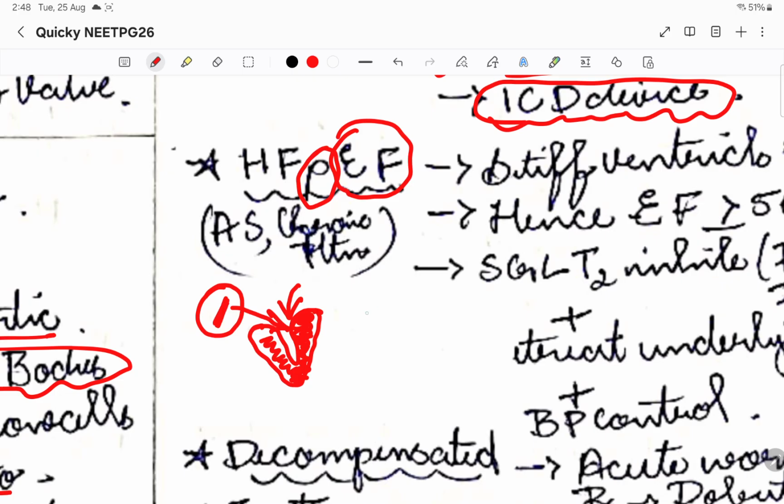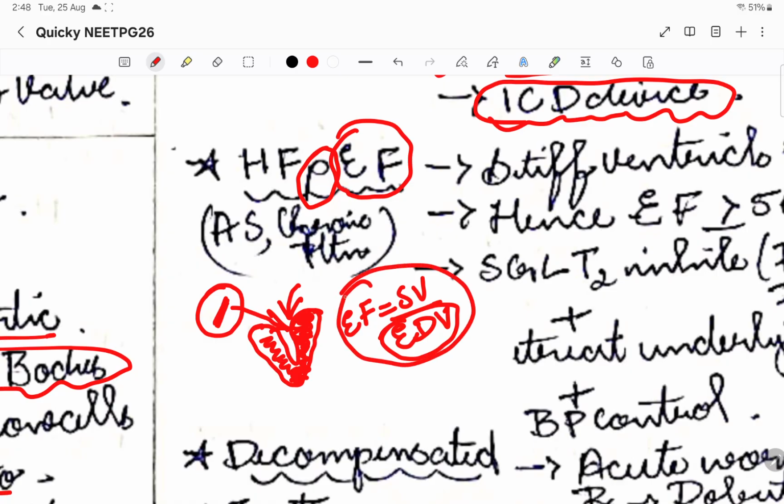When I take the ejection fraction, meaning stroke volume by the end diastolic volume, if the end diastolic volume itself is reduced, then there will be no change in the ejection fraction, right? So this is the meaning of preserved ejection fraction.